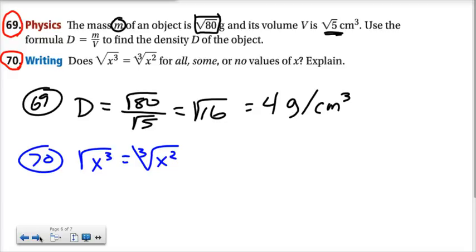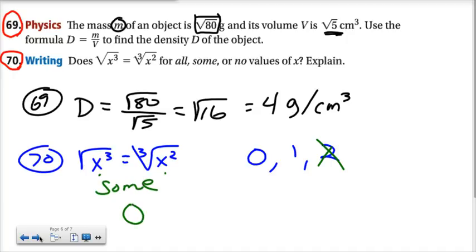Now what I need to do is I need to check the special numbers. And the special numbers generally are 0, 1, and 2. But I just checked 2 for positives and it already doesn't work. So if I check 0, yeah, 0 in both of these positions is going to give us 0. So we can put some, and 0 is one of those instances.